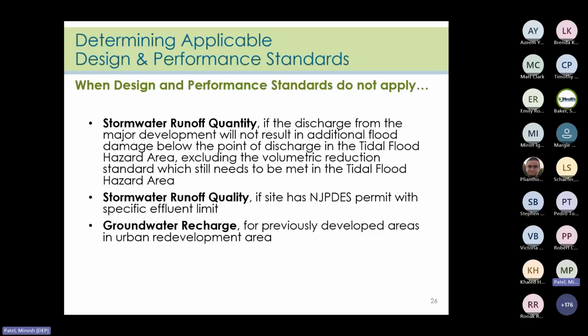Water quality is exempt if the site has an NJPDES permit with a specific effluent limit, and groundwater recharge is exempt for previously developed areas and an urban redevelopment area.